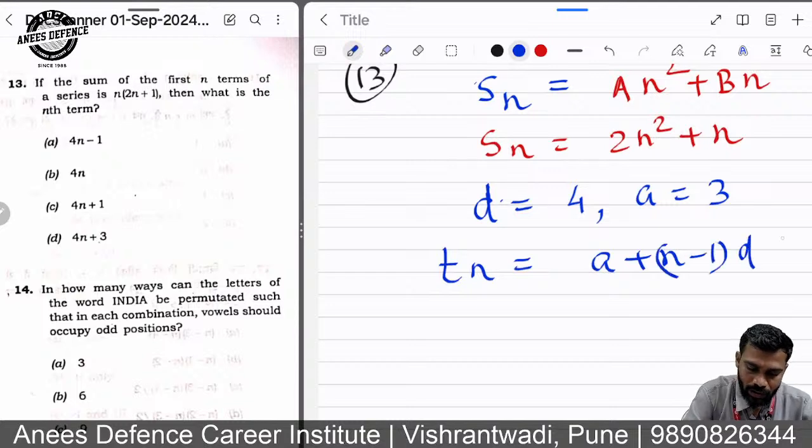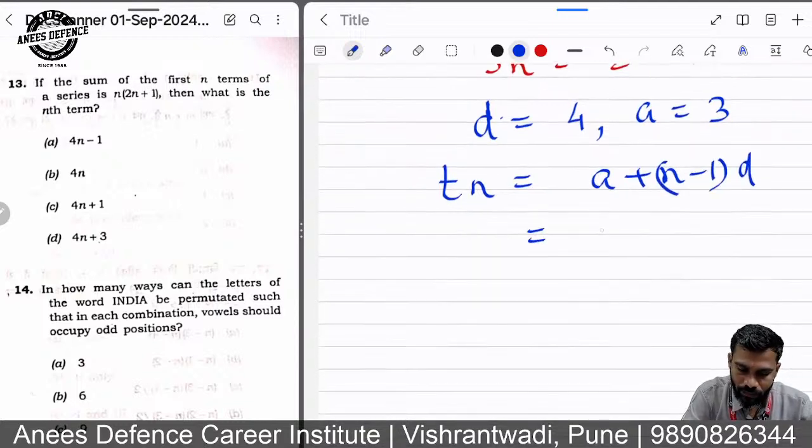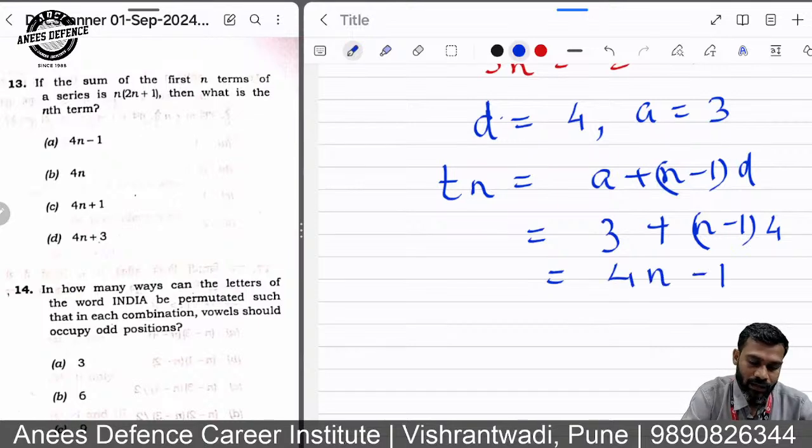Very easy. We need to put the values here: a is equal to 3, d is equal to 4. So the final answer will be 4n minus 1. A is the right answer.